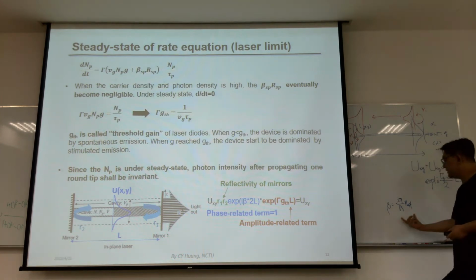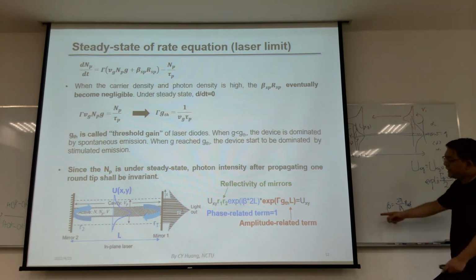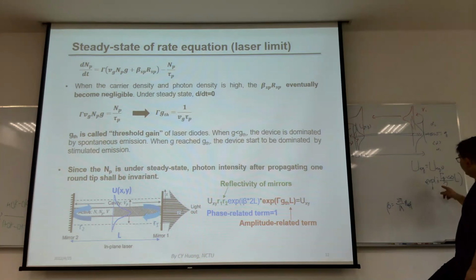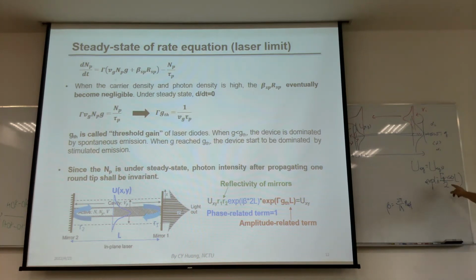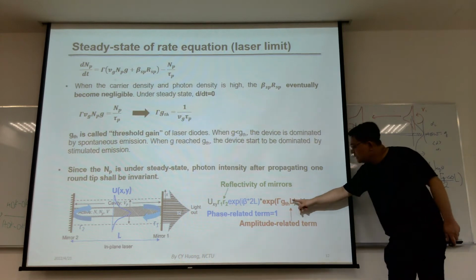This is the phase term. So beta times 2L. And the gamma G minus alpha also, because this is only L but you will do it twice, it's 2L. So it finally becomes 2 divided by 2. So there will be gamma G minus alpha.